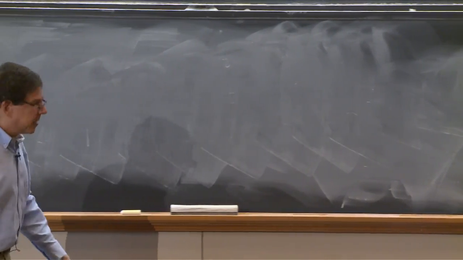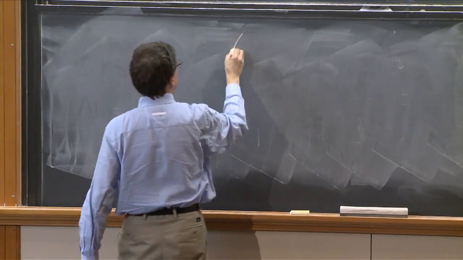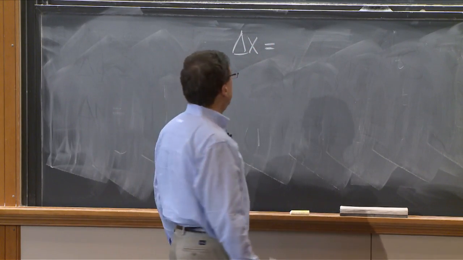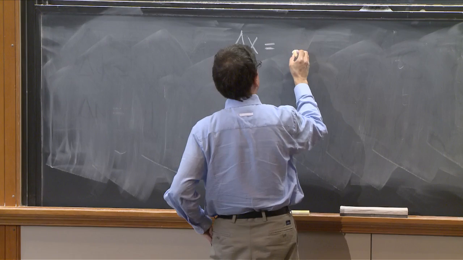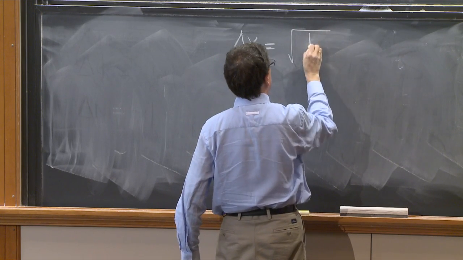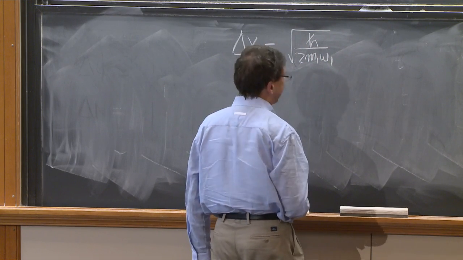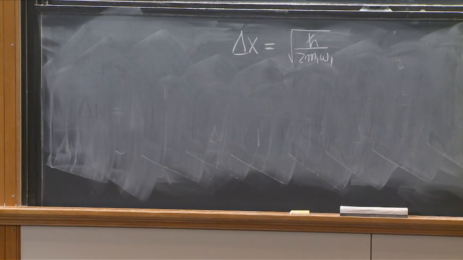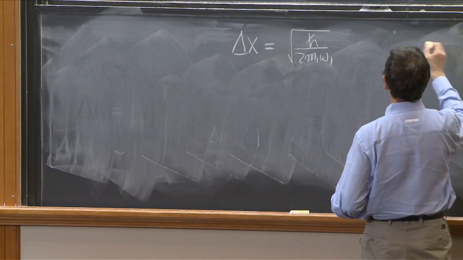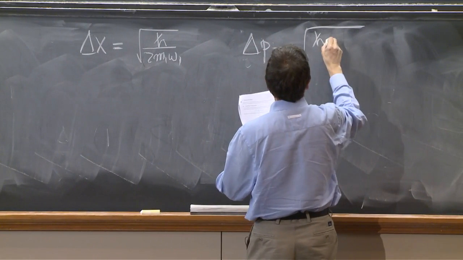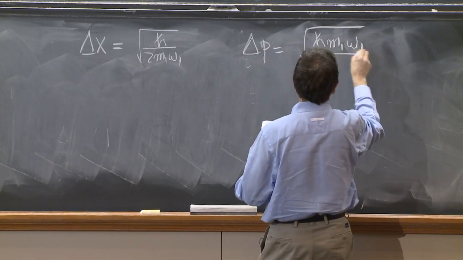We observe this thing, and this has an uncertainty delta x proportional to, we know this, d over square root of 2, so square root of h bar over 2 m1 omega 1, and an uncertainty in p, which is delta p equals square root of h bar m1 omega 1 over 2.